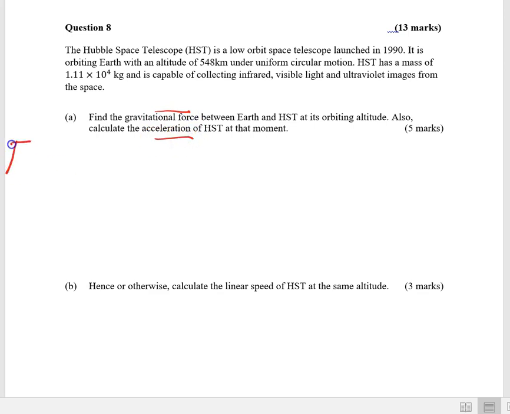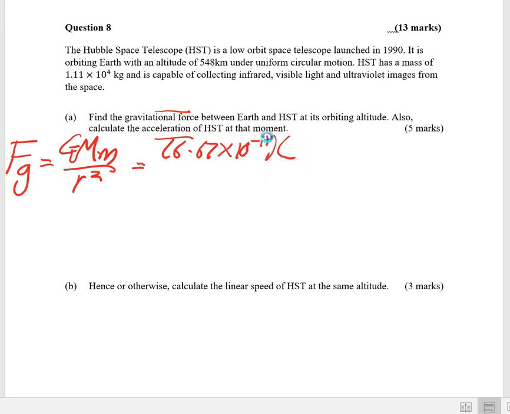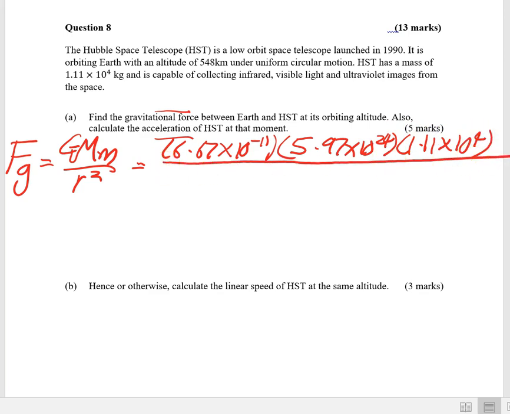In order to find the force, you use Newton's law, G m M over r squared. Nothing much about this, just that you have to substitute the values: the mass of Earth and the mass of HST. r, on the other hand, be careful here. r is the distance from center to center.